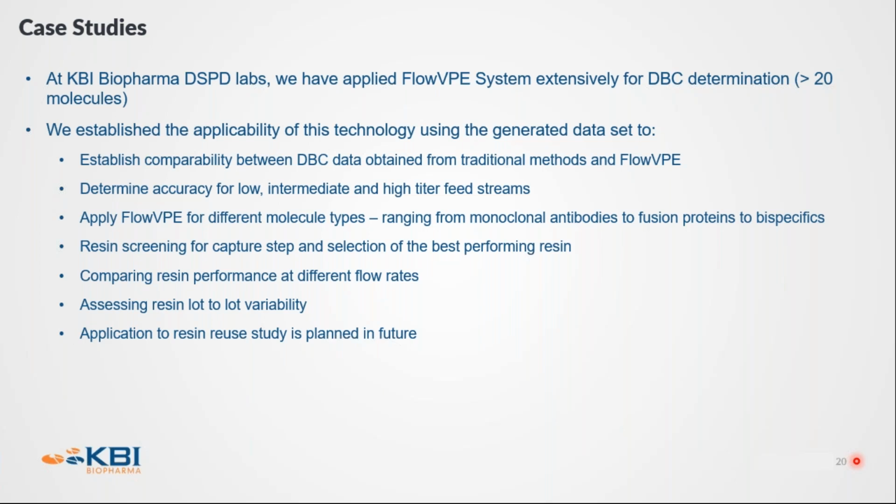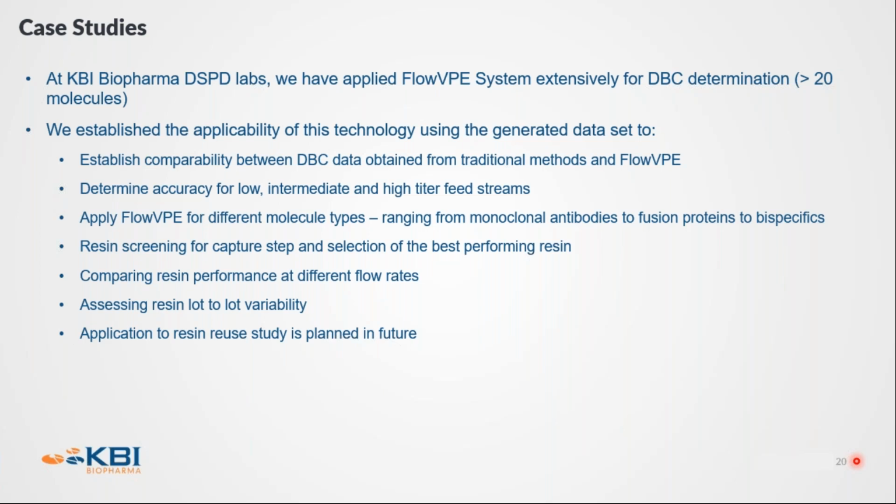We then also wanted to make sure that the system works well for all the concentration ranges which we see for our harvest titers. There were concerns about low titer harvest, since generally we tend to have more noise for low harvest titers. So we tried it with low, intermediate, and high titers to see if it is comparable. That was the next set of experiments which we performed.